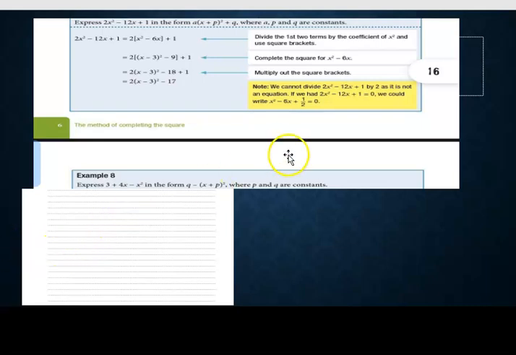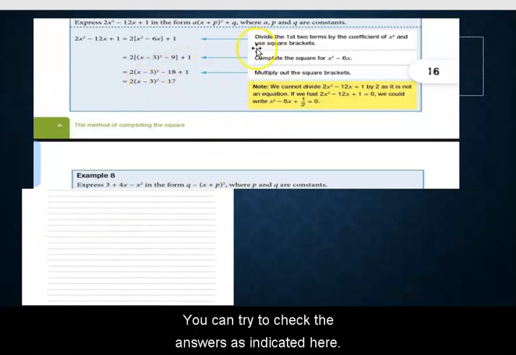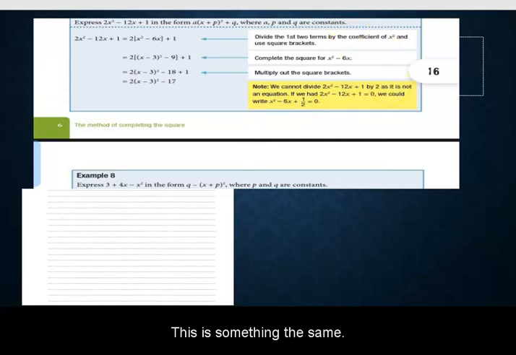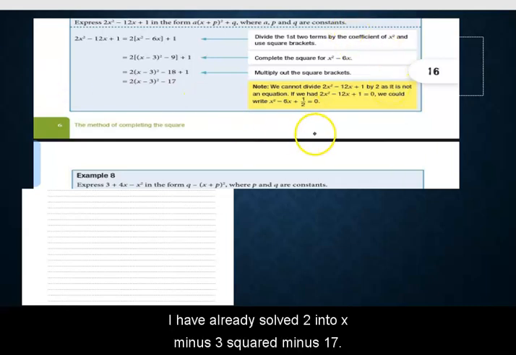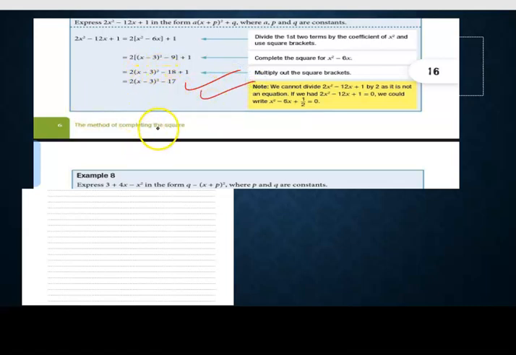You can try to check the answers as indicated here. This is something the same I have already solved: 2 into x minus 3 squared minus 17. So let's look at the next example.